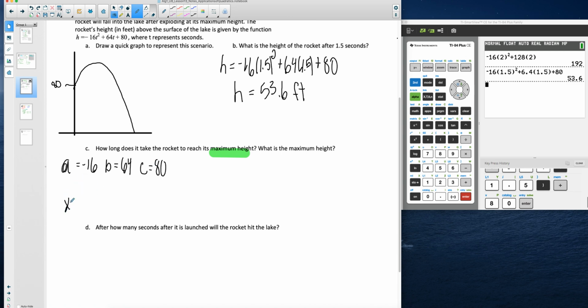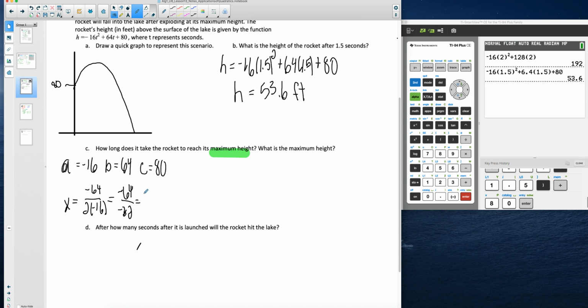X equals the opposite of B, so negative 64 divided by 2 times A. That equals negative 64 divided by negative 32, and that gives us 2.